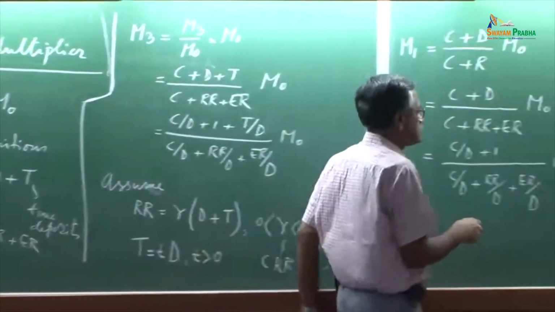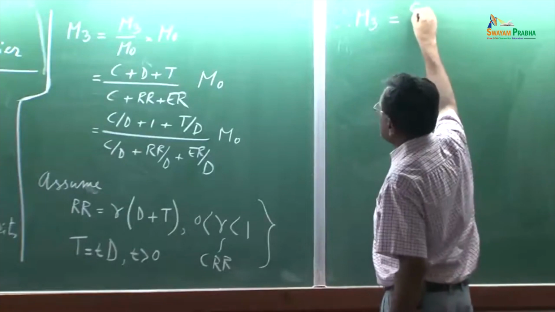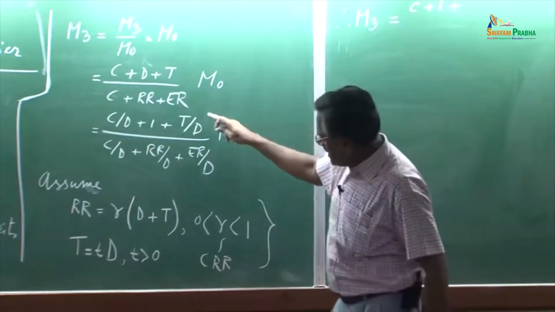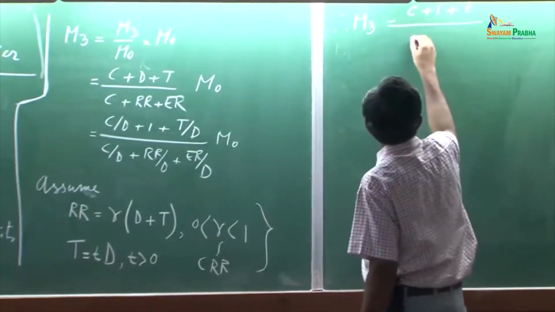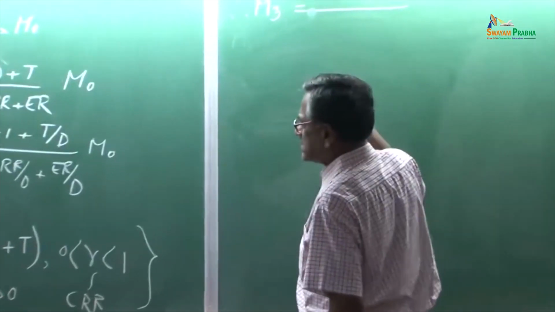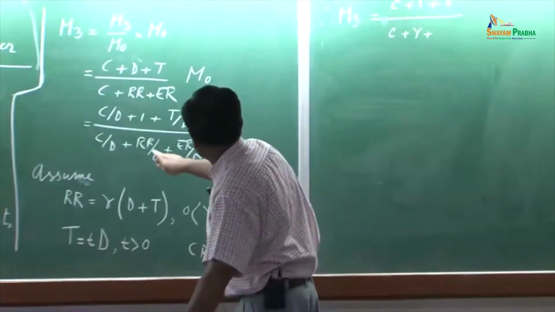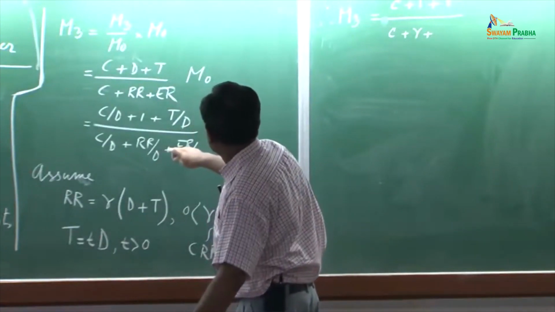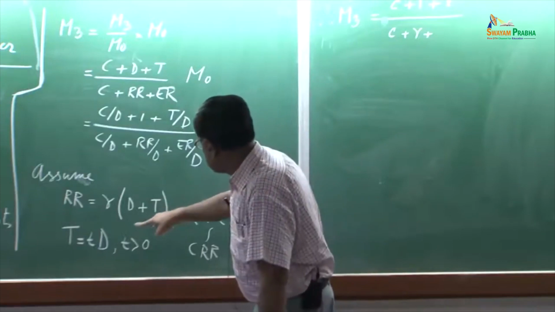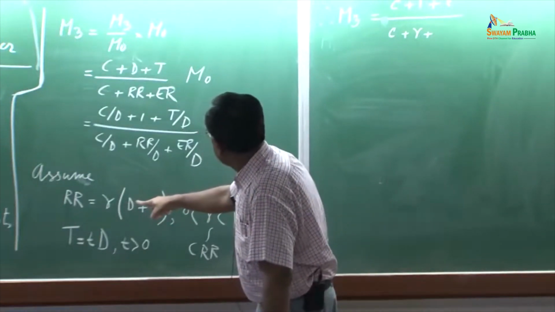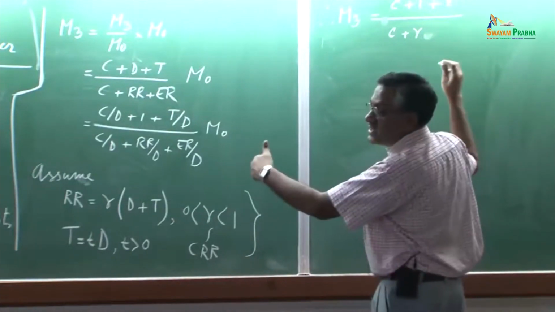Therefore M3 is equal to small c plus 1 plus small t over D. Now, if you substitute this, D cancels out, it will be small t, divided by what you have, again small c plus gamma plus this one is going to create some trouble, RR over D. RR is gamma into D plus T. So, now T is tD. So, it will be gamma D into 1 plus t.